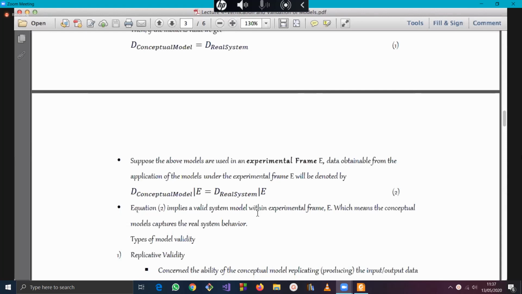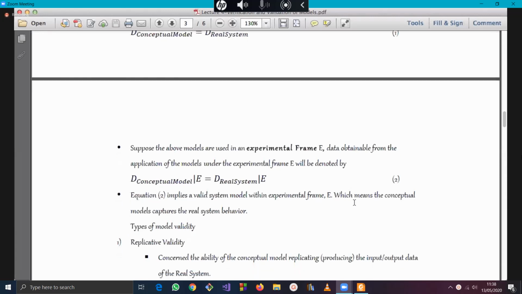You do not want a model which, when you put it in, gives you different output from the one that you get from a real environment. So mathematically, we can represent this. And you can see it's really a description, because when somebody buys something, he expects it to perform precisely as expected.